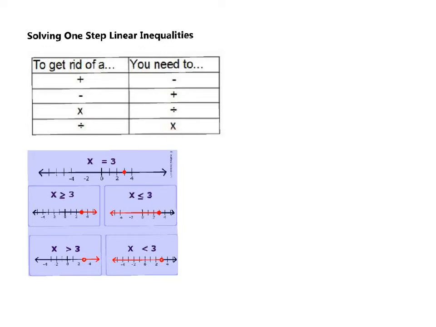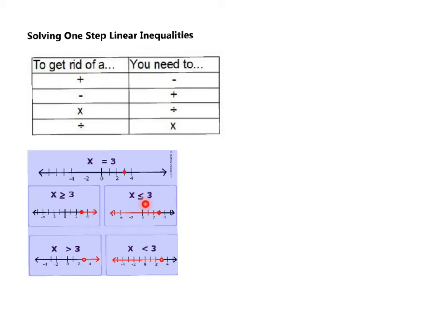One other thing we're going to need to know in order to solve these is that sometimes they'll give us the answer graphed on a number line instead of written out as an inequality like you see here. If it's an equal sign, you just put a dot over the number it's equal to, which is 3 here. If it has a greater than or equal to, that's going to be a closed dot and shaded up.